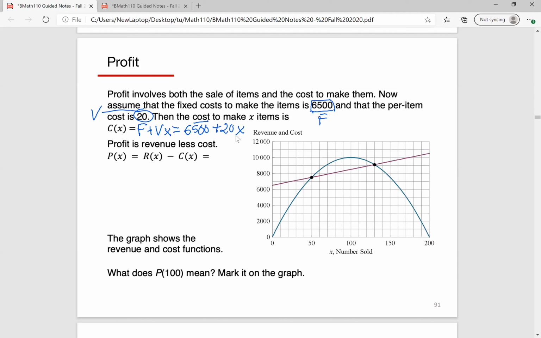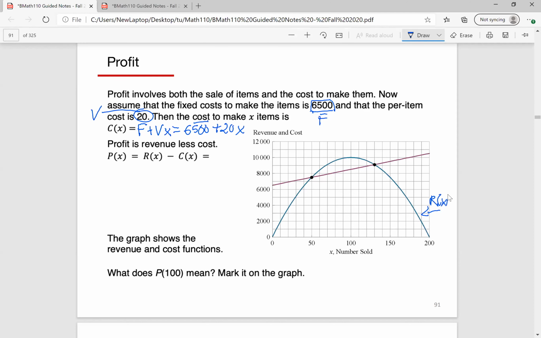The difference between the revenue and the cost. I don't see the revenue function in this column, and in this graph, it looks exactly like the revenue function in the first example.